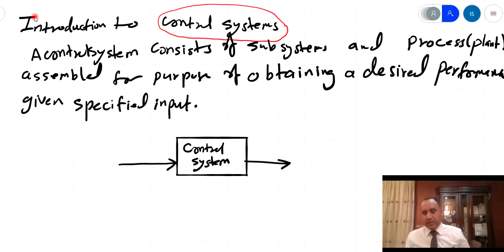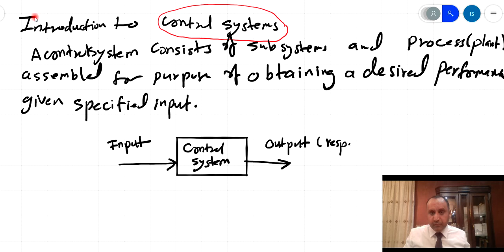The same thing, it can be single output or multi outputs. So simply here I'm having input, and here I'm having output, which is the response, or the actual response.